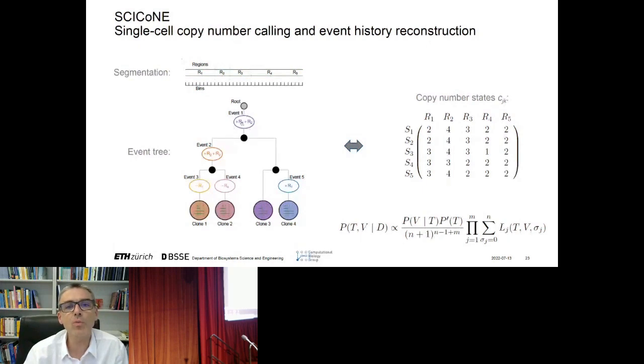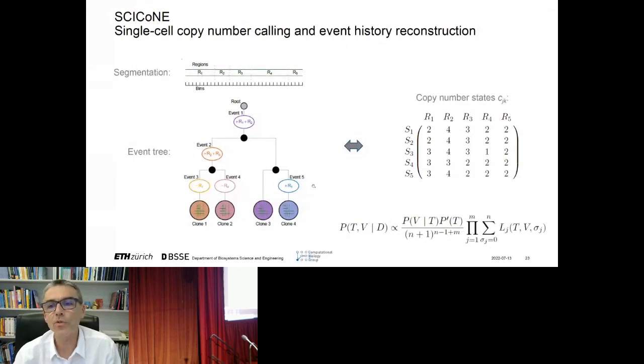So for example, event 1 here would be an amplification of the segment that comprises region 1 and region 2, and so on. And in this manner, we try to explain the copy number profiles that we observe in individual cells or in clones defined by sets of individual cells, as indicated here.